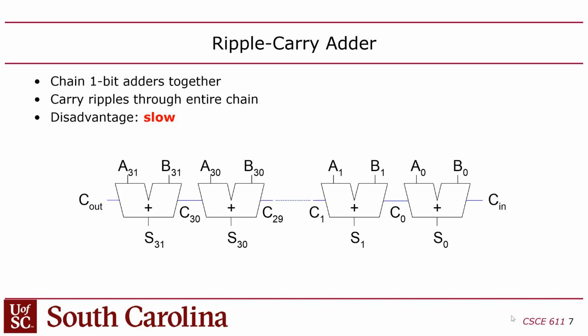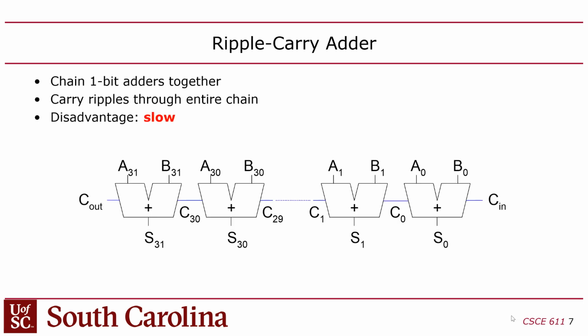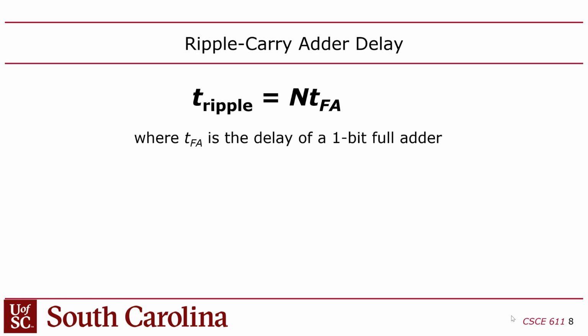The problem with this is that it's slow, because the latency, meaning the time from when the inputs come in to when you have a result, is going to be the latency of an individual full adder multiplied by the number of bits.